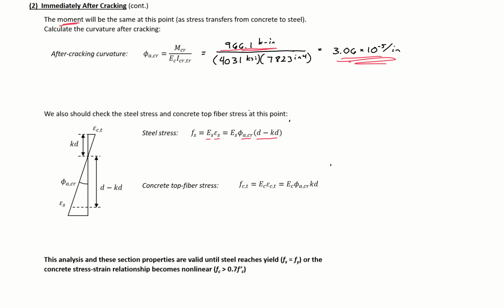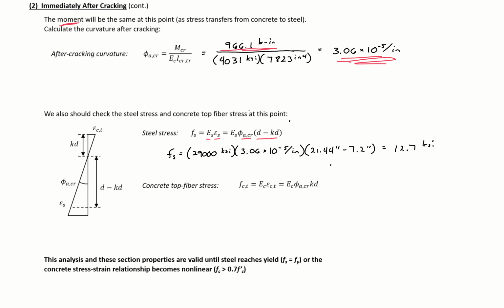So here we'll have a steel stress equals 29,000 ksi times 3.06 times 10 to the negative fifth radians per inch, and then times our d minus our KD, 21.44 minus 7.2, which would give us a steel stress here of 12.7 ksi.